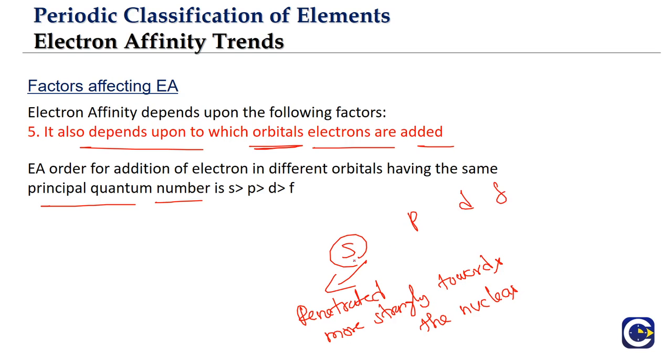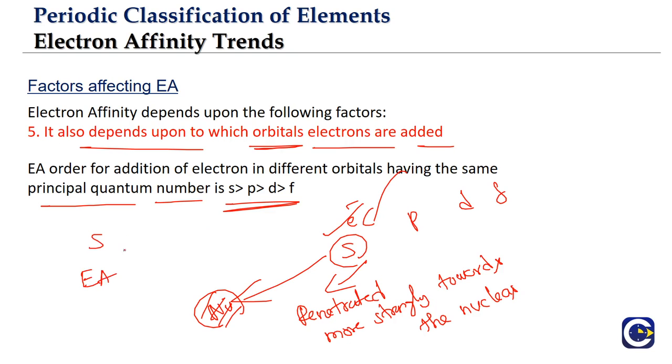As a result, when they are more strongly penetrated, these orbital electrons will be under a stronger influence of the nucleus, isn't it? So the amount of energy released when we add an electron here will be high. When we have the same principal quantum number and compare the subshells, adding an electron to the s subshell will give a higher electron affinity value than p, than d, than f.